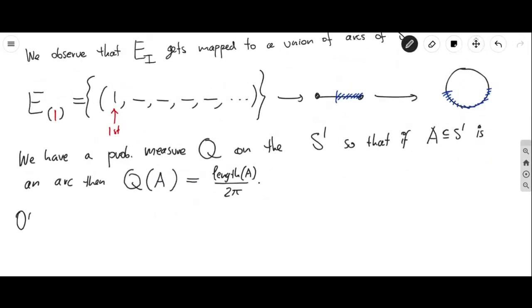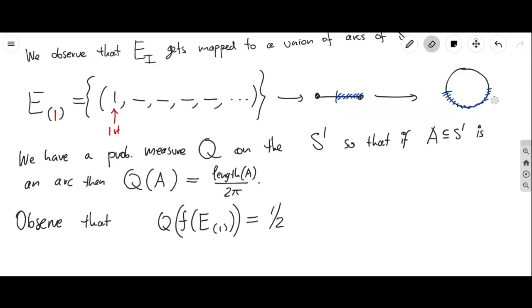And observe that if you were to map this event, where f is the mapping that takes this event onto the unit circle, and then you apply the probability measure from the unit circle to that event, then that will give you 1/2. You see that?